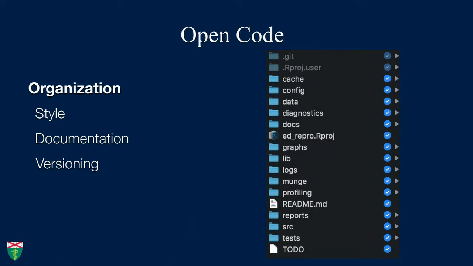So one is organization around your coding practices. You really should have some type of standardized process about where you're putting your data, where you're putting the code that is involved in creating your dynamic documents, where you're putting your code that's involved in the pre-processing step, and where you're putting your figures and everything else.